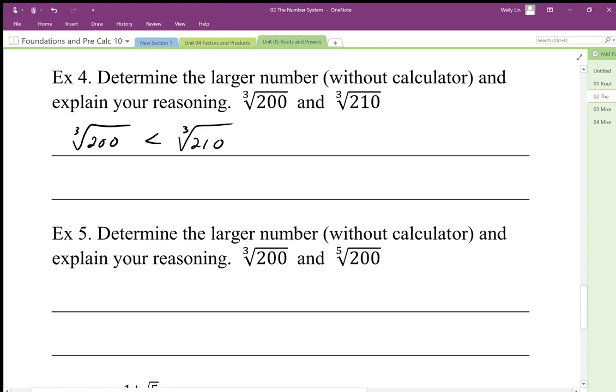Okay, so we can say that the cube root is the edge length, and the number inside is the volume. Therefore, bigger cubes have bigger edge lengths.